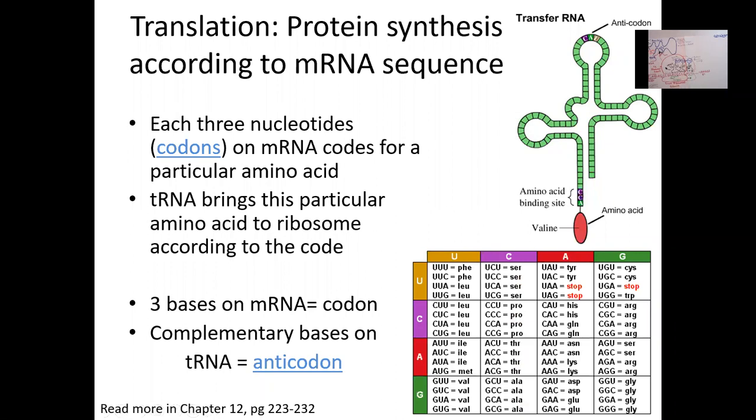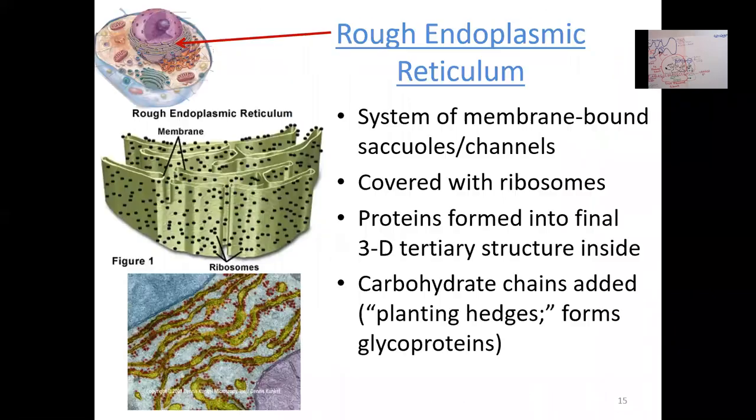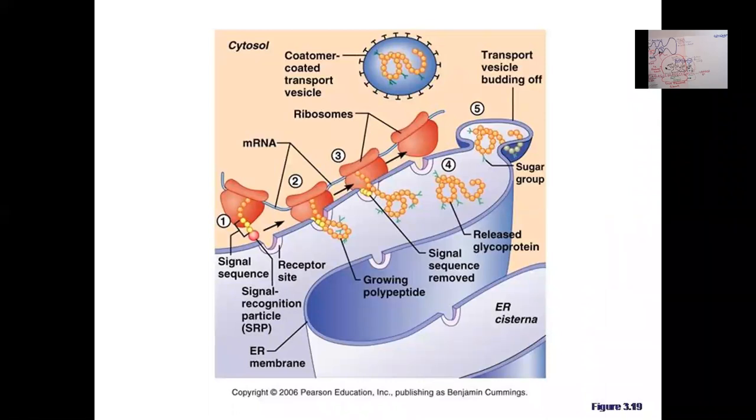And you're going to stop translating whenever you come across UAA, UAG, or UGA. If there's not a stop codon, go back and check. I'm going to give you a stop codon. If you don't see one, you may have made a mistake. Go back.